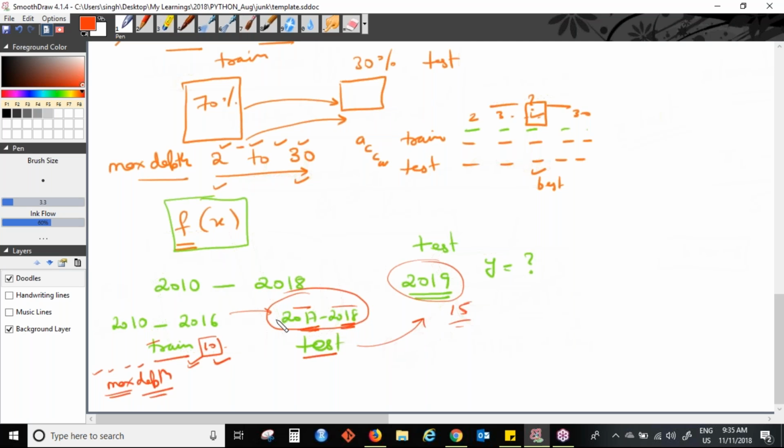So this is the flaw if we just take a train test split, because we might have a model which performs well just on the test data. It might not perform well in the future, but just on the current test data or just on the mock test, it might perform well. It is like, let's say you are preparing for CAT and you go and give a mock test before the actual exam.